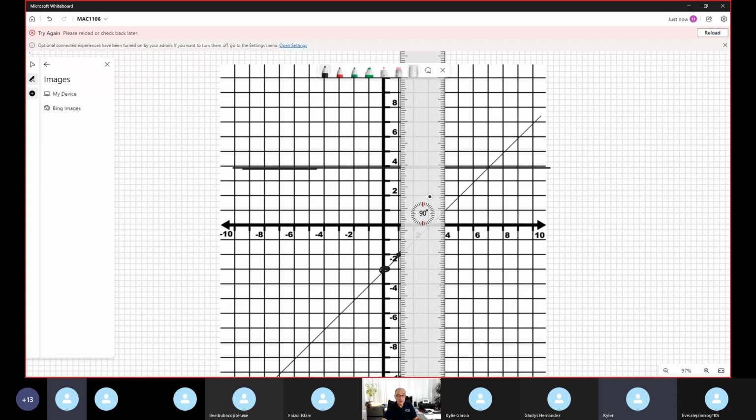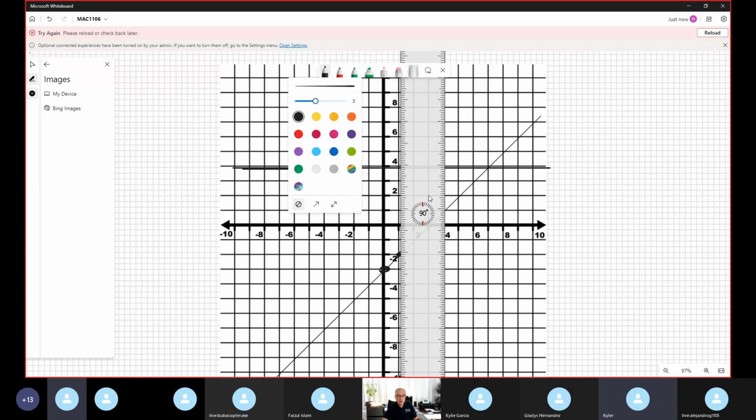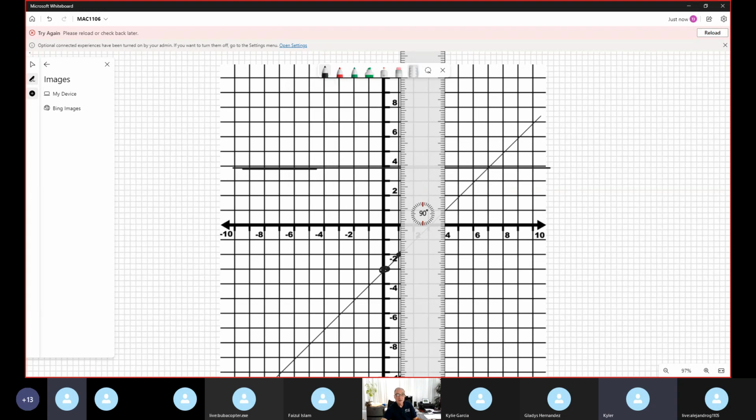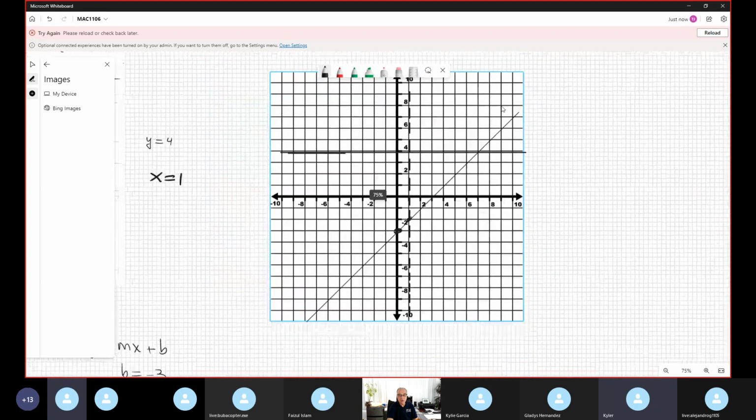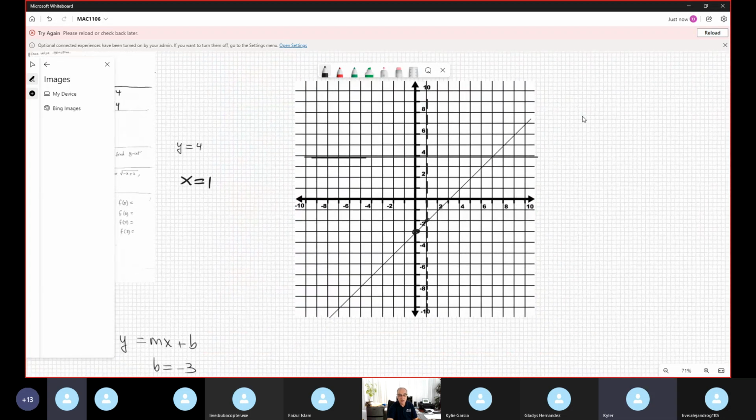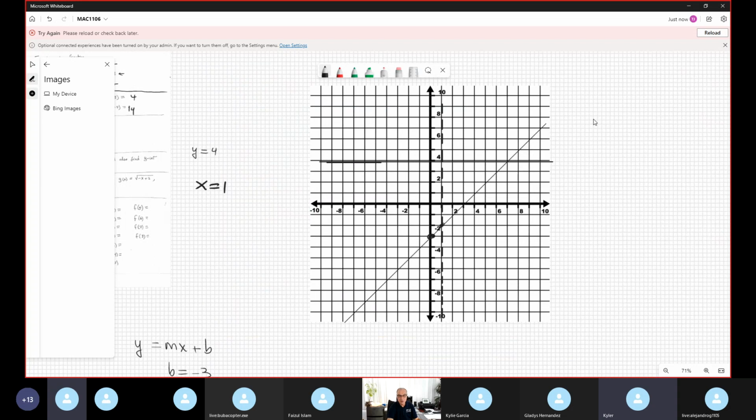I recommend doing a dotted line because this is just an auxiliary line that can help me to understand my piecewise function. So I am almost ready to do the graph of the piecewise function.